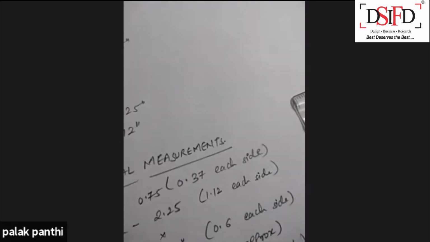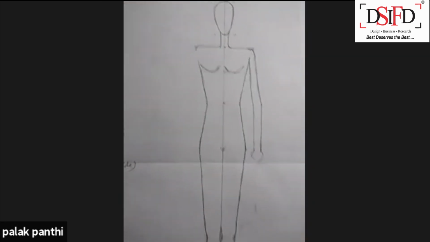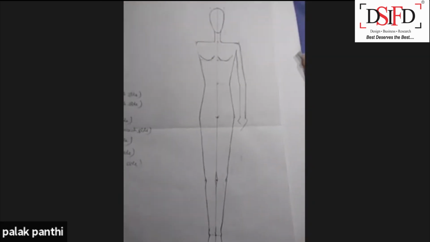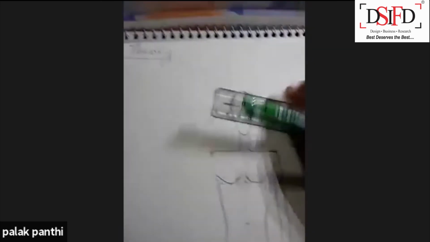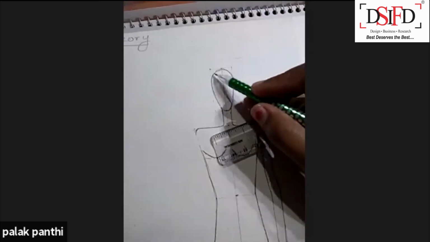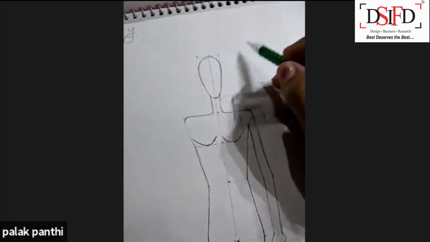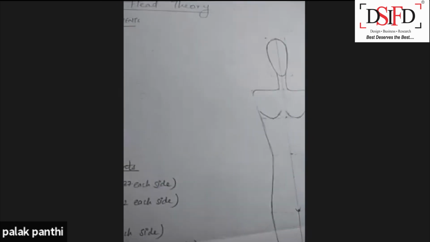Now I'll show it to you like how it will look at the end. It will look something like this. This is what we are making, female figure. See, this is 0.37 on each side block, this square, sorry, rectangle, and then we'll draw the head. So I'll show you the horizontal measurements.